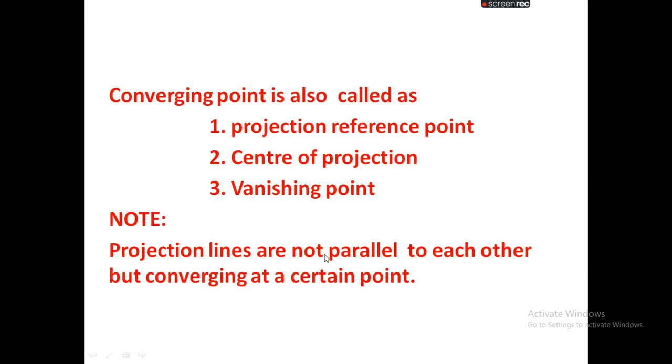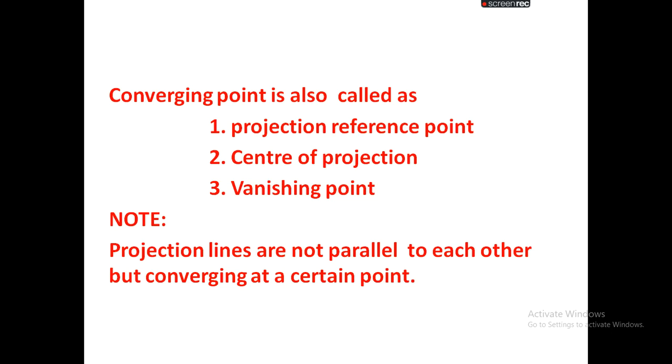When we are using perspective projection, that converging point is also called the projection reference point, center of projection, or vanishing point. In the further slides, I will use this concept once again. I am only explaining here that the converging point is also called the projection reference point, center of projection, or vanishing point.